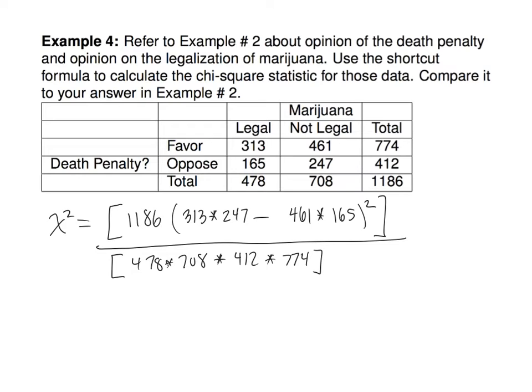Okay, and this should give you, if you punch it in, 0.017. That's that whole marijuana table we did from before.